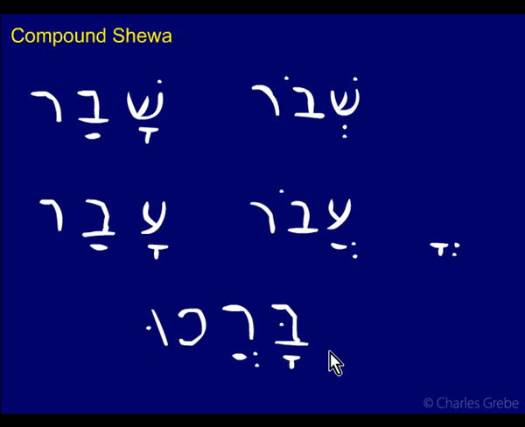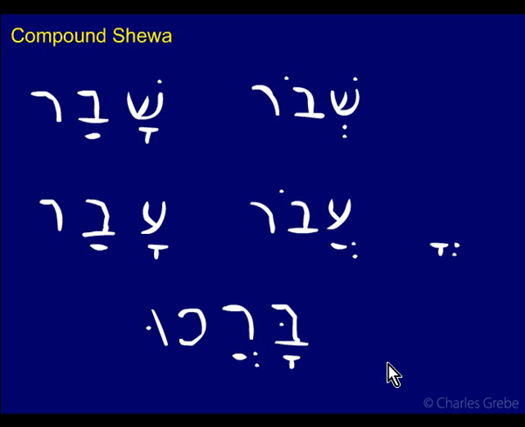Barahu. This means to bless. It's also an imperative, a command. This was singular, this is plural. So you would use this if you're telling a group of people to bless. It shows up in Psalm 134, verse 2. Bless the Lord. So here we have a resh and we have a composite Shewa showing up under there as well.